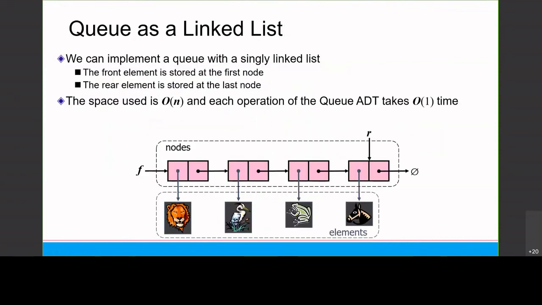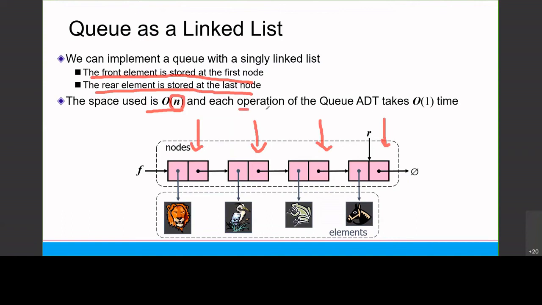We can implement also with queue. The linked list we can also implement with queue. If we implement with queue, we define the front element as the first node, and we define the rear element as the last node. The space will consume O(n) because every node will have one position, so n data needs n space.